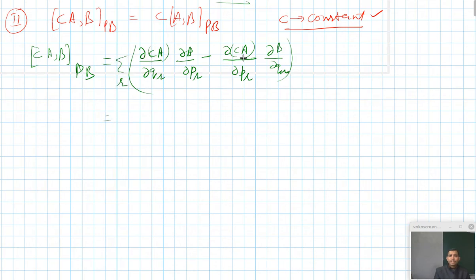Here C is a constant, so it can be taken outside the differential. If I take it outside, it can be written like this.